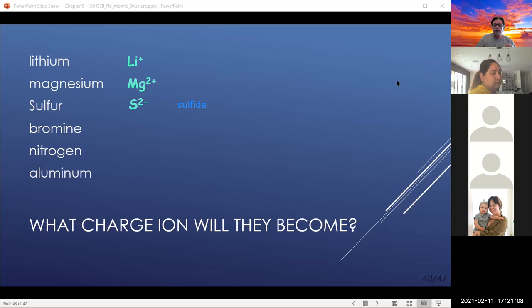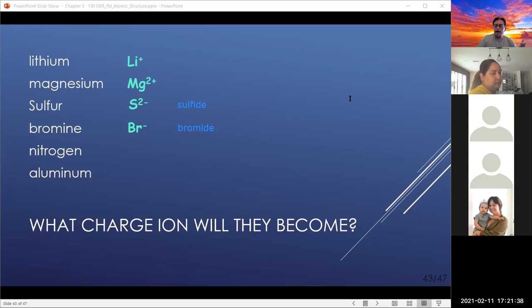All right, next one up is bromine. Bromine is a nonmetal. It's in group 7, okay? Therefore, it would gain 1 electron, and therefore it has a -1 charge. And it went from the name bromine to, guess what? Bromide. Nitrogen, another nonmetal.